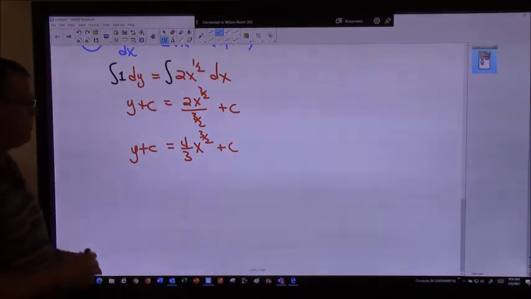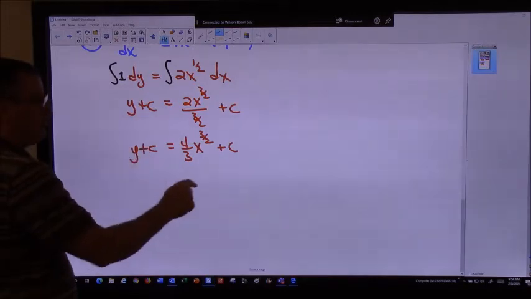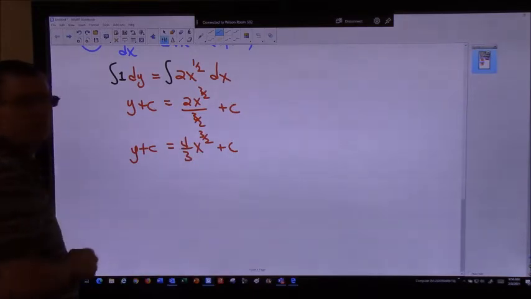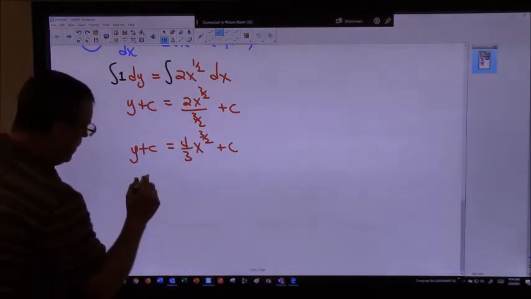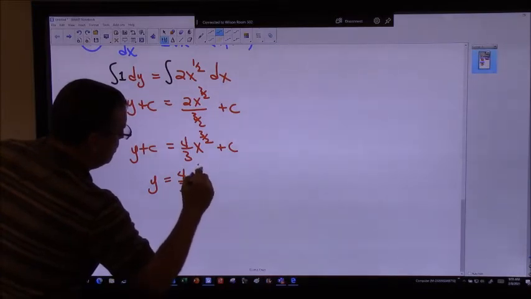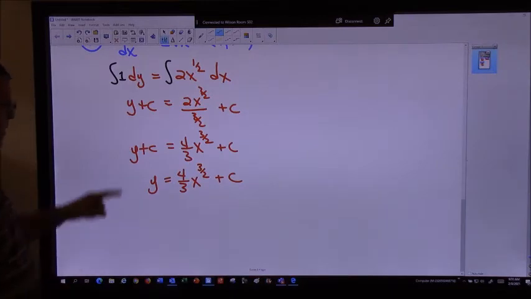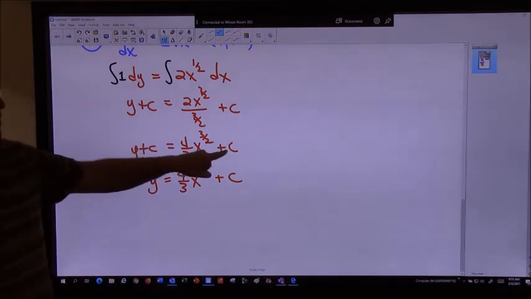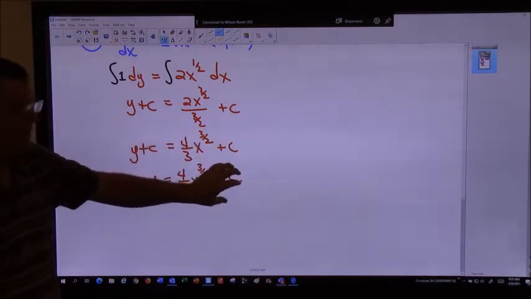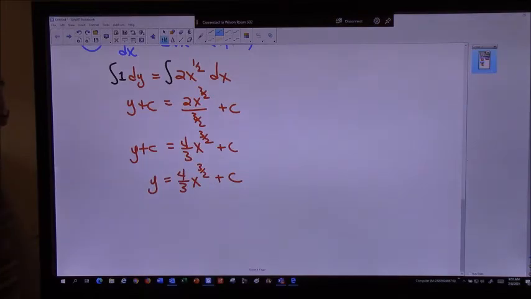So what I'm going to do is say, whatever this constant is, I'm just going to move it over here and subtract it, or add it, and get another constant over here. So I really want to write this as y equals 4/3 x to the 3 halves plus some constant. Okay, whatever this was, I moved it over and did the opposite, and whatever those add or subtract up to, I still have a constant that I don't know. All right, that's why we can do that.